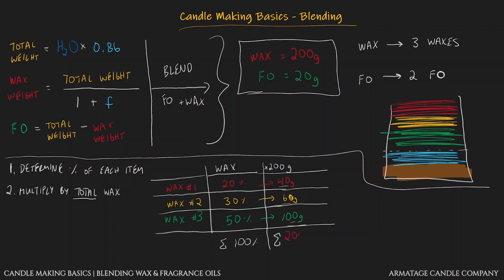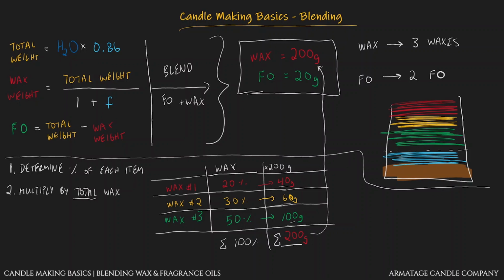Equals 200. Why does that matter? Well, we said up here, all the way up here, that this blend is going to be 200 grams of wax. So if I'm going to split it up into different waxes, I need to make sure that my 200 grams checks out and I end up with 200 grams of wax.